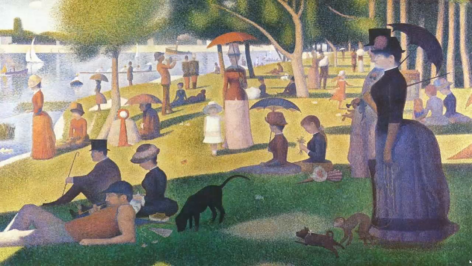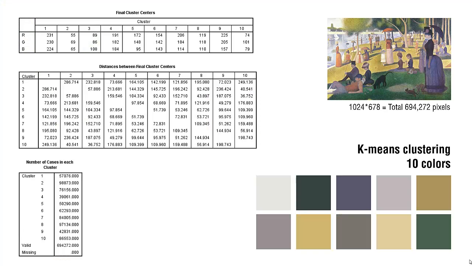Based on each pixel of this digital image, she performed the K-means clustering analysis, and she first gave the number 10 as the number of clusters she intended to have.